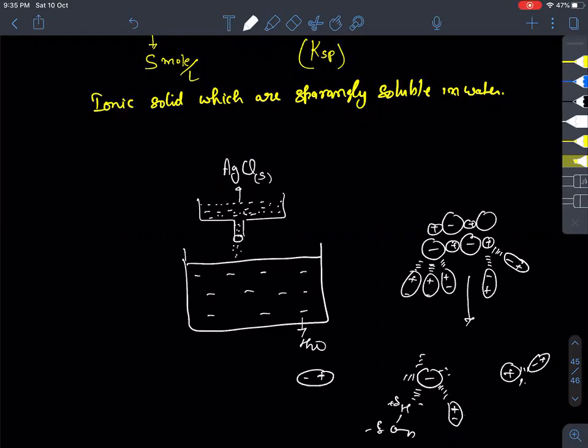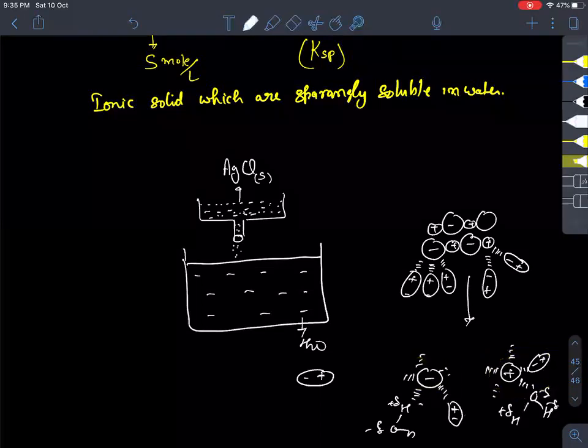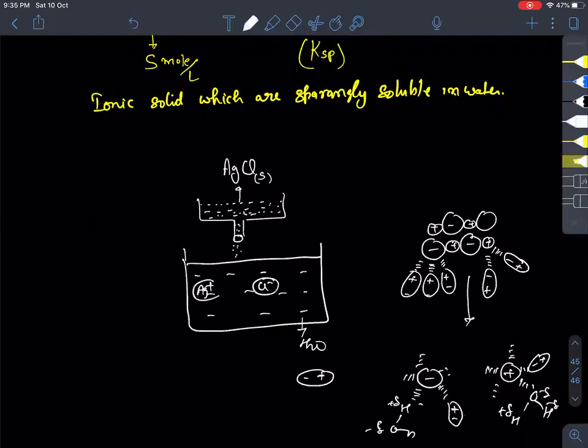Similarly here, you can take the oxygen end, which is the partial negative end, and similarly all around it will be solvated. Because of this solvation, because of this layer, the ions Ag plus and Cl minus will initially be separated.